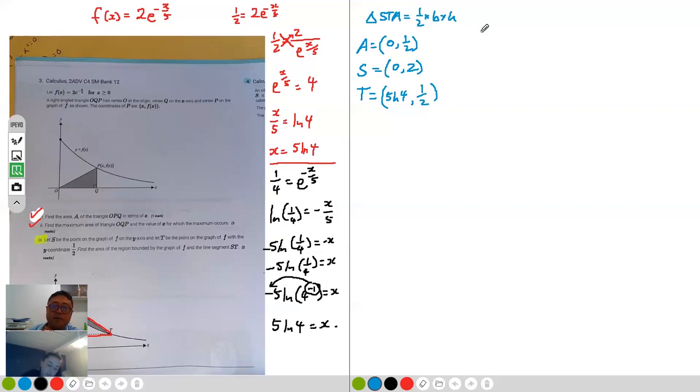Yep. And so you've got A, S, and T, and that allows you to find the area of triangle AST, right?